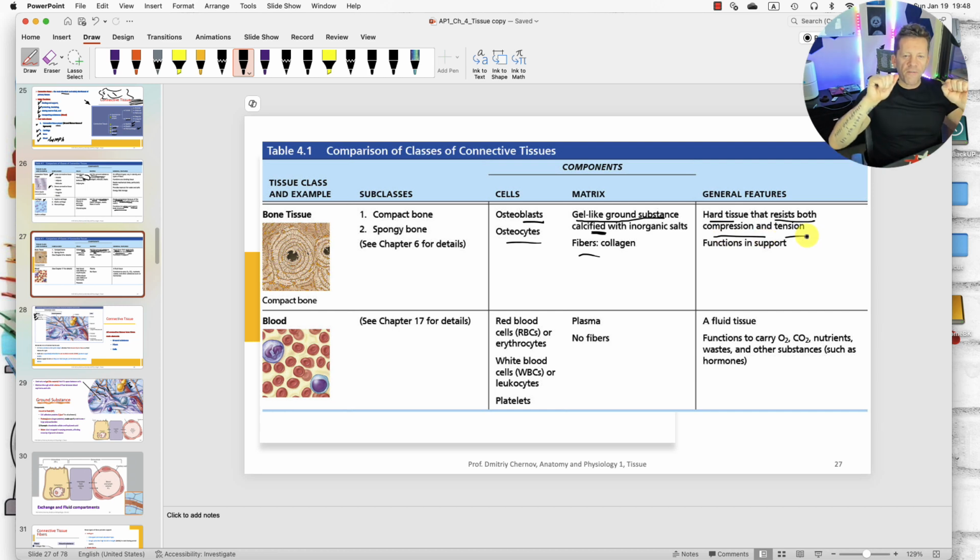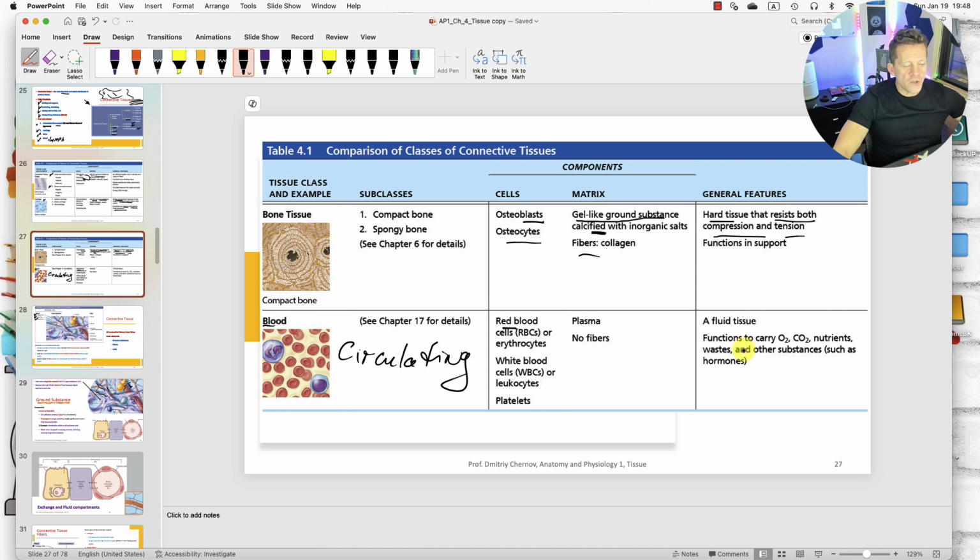Even though bones are flexible, they can bend, but it all depends on the stress, right? But they do resist compression and tension, though there's minimal compression and tension on the bone, especially when you're walking and jumping.